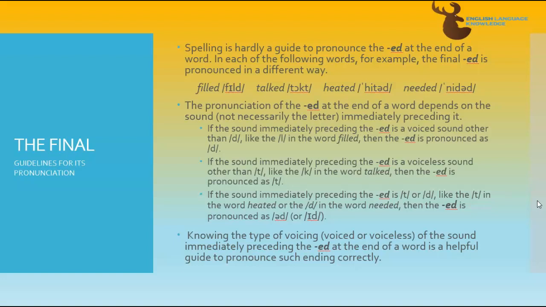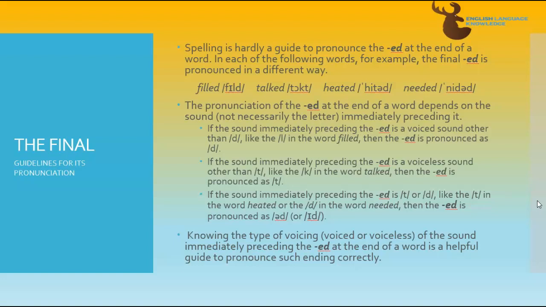It's going to be pronounced as d whenever the ED is preceded by a voiced sound. Okay? Let's remember that voiced sounds are those sounds that when we produce them, there is vibration of the vocal cords.